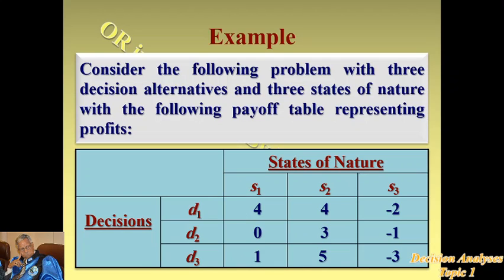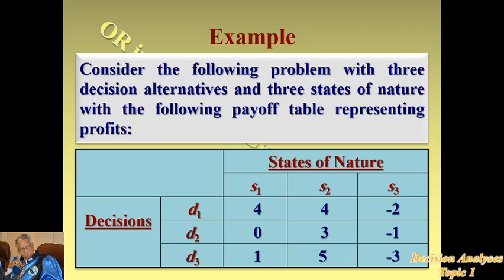If we establish the large restaurant and the state of nature is good, our profit will also be $4,000. If the state of nature is poor, we will lose $2,000. This is the meaning of 4, minus 2.